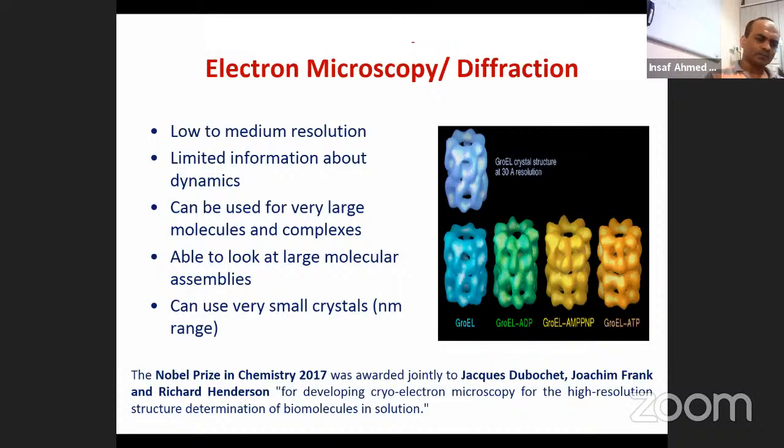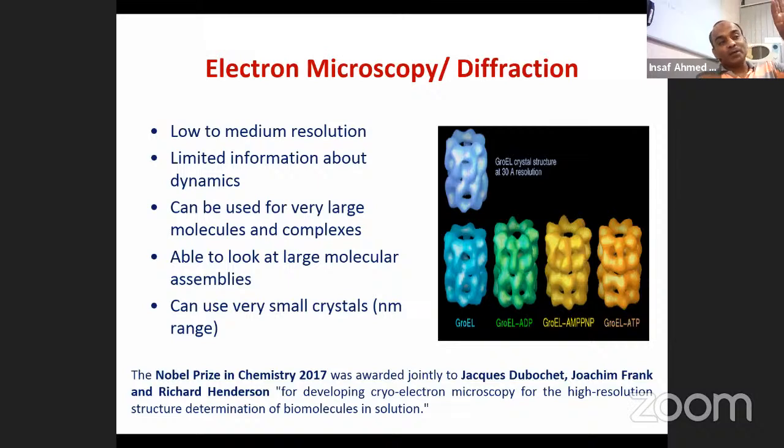By using electron microscopy, you can obtain a structure with low to medium resolution. NMR is used only in solution form. Here, because you are using the cryo, to keep your protein stable, you will get very limited dynamic information.